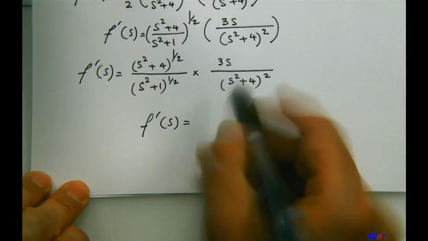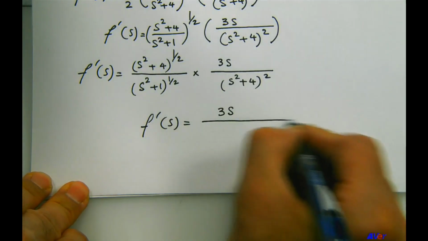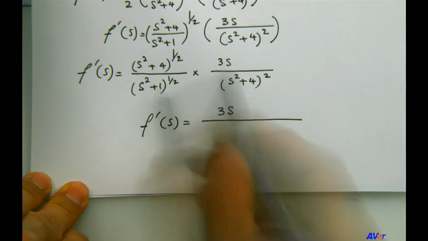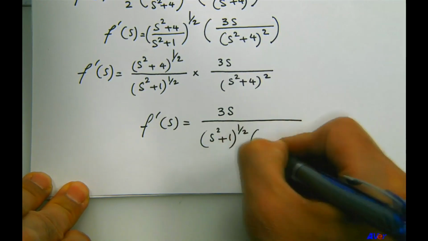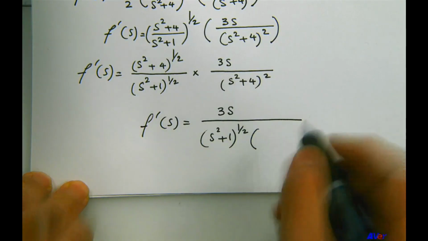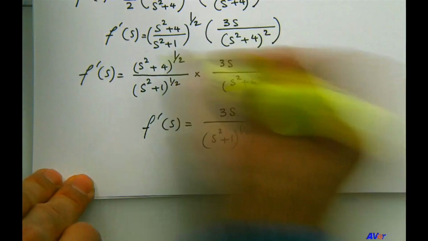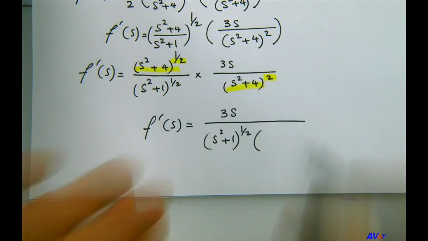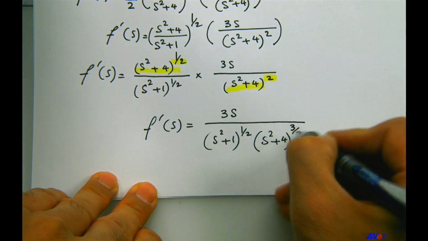We have 3s divided by, this we can keep, s squared plus 1 to the 1/2 power times, combine this one and this one into one expression. So these powers get combined, and we have s squared plus 4 to the 3/2 power.